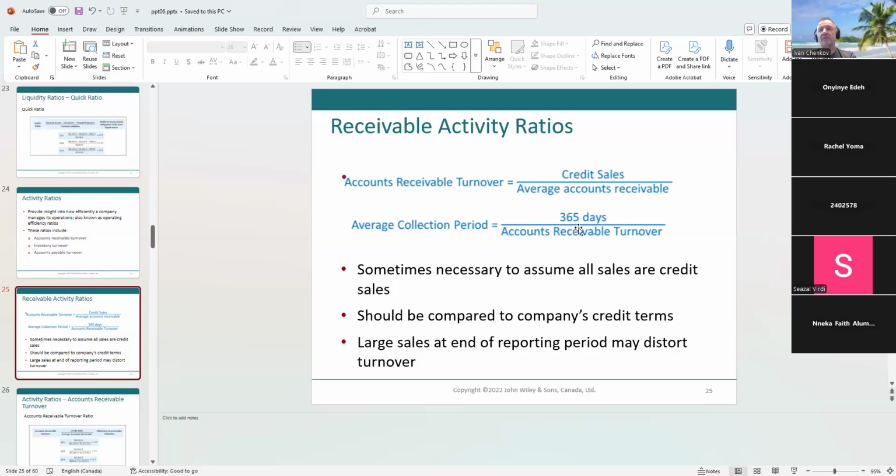A high number here, relative to 365, means fewer days to collect. Ideally, you want the bottom number to be close to 365. If the bottom number is 365, then you're collecting your accounts receivable in 1 day. If it's only one, that means it takes you 365 days to collect your accounts receivable.